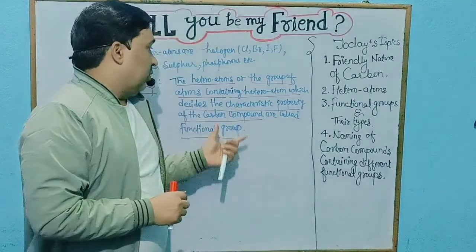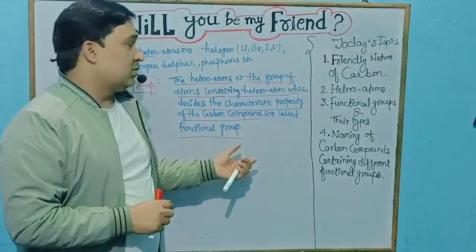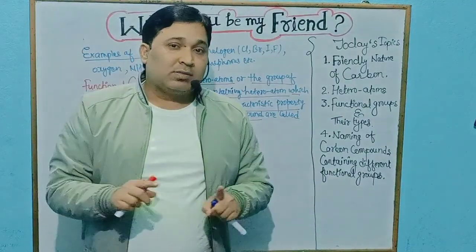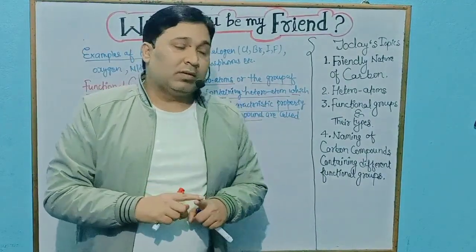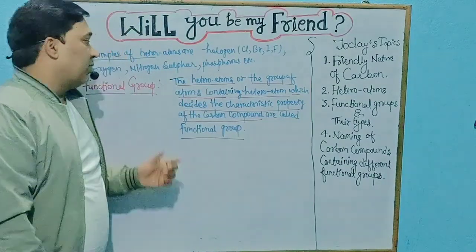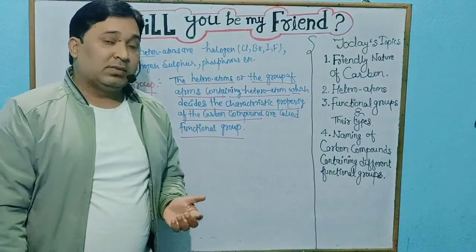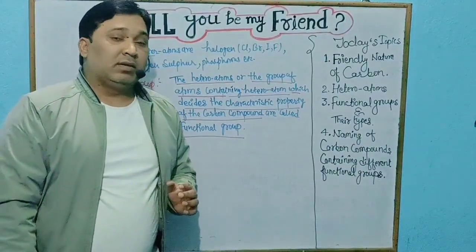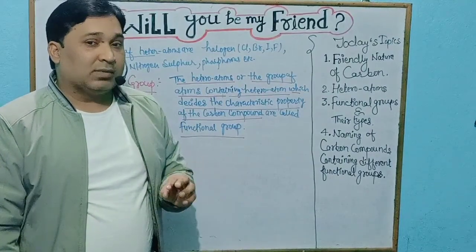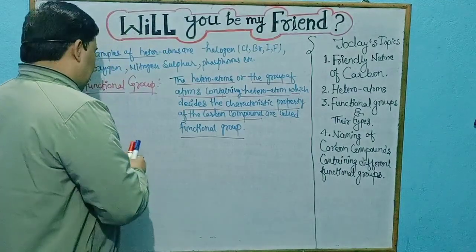Similarly, when these heteroatoms or the group of atoms which contain one or more heteroatoms are attached to a carbon compound, the whole characteristic property is decided by these groups, right? That's why they are called functional groups. As the name suggests, functional in nature. It means they decide the function, the characteristic property, of the carbon compound to which they are attached. Some examples of functional groups we will see in detail.